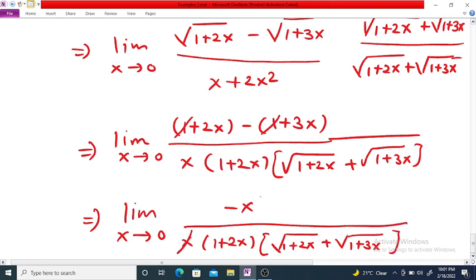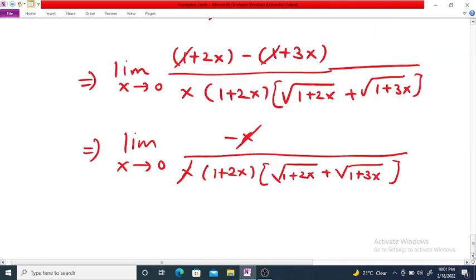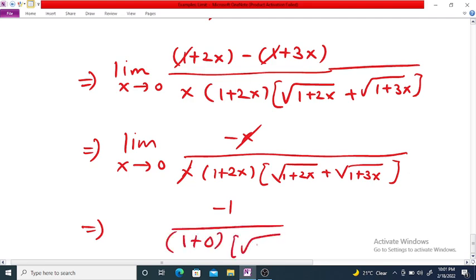So this x will get cancelled here, and as limit x tends to 0, this is equal to minus 1 divided by 1 plus 0 times the bracket 1 plus 0 plus 1 plus 0. So here it is 1 plus 1, which is 2, and times 1 is 2, so it is equal to minus 1 by 2.